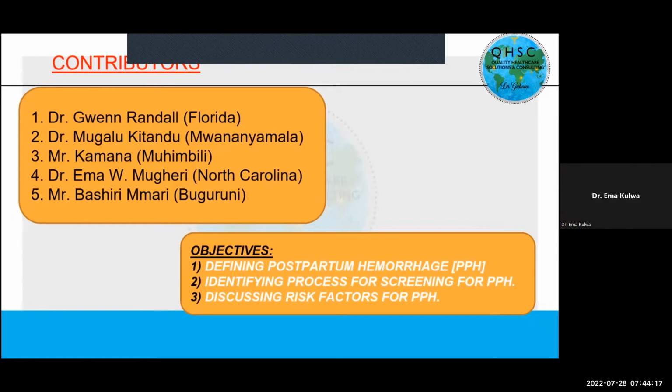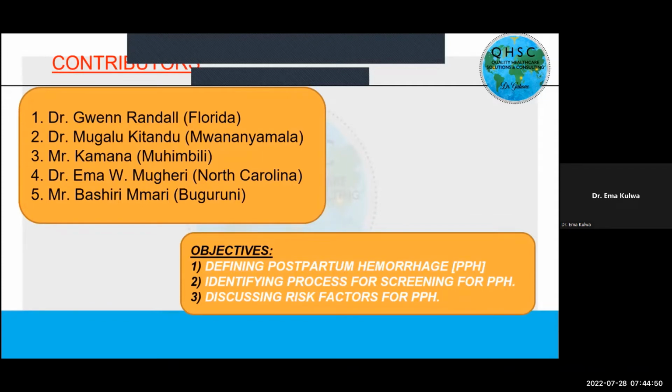Okay, yes. So our definition is similar to what Dr. Gwen said earlier. We use the new definition, where if somebody has had 1,000 cc's or more of blood loss during a vaginal or cesarean delivery, and also if they are having symptoms of blood loss, low blood pressure, increased heart rate, things like that, that is a postpartum hemorrhage.